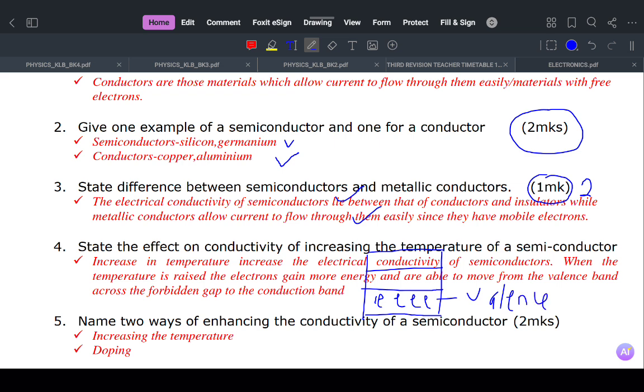This is the valence band. And then immediately after the valence band, there is what is called a forbidden gap. And then at the far end, we have the conduction band.